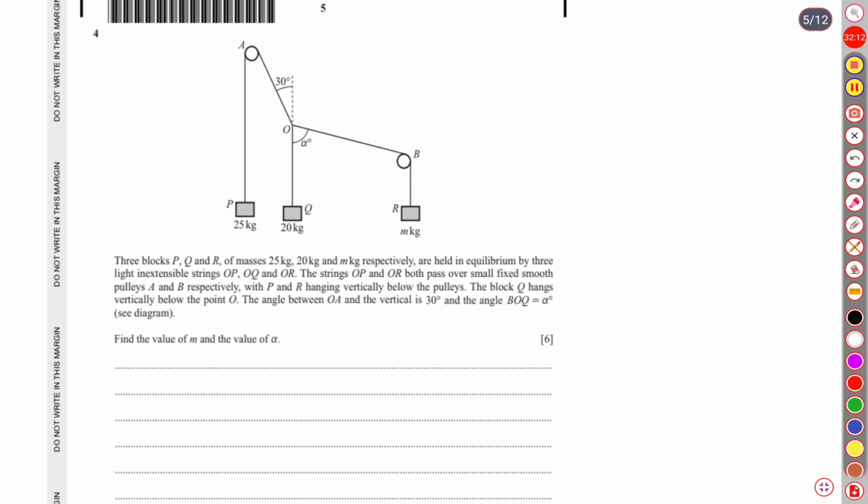The strings OP and OR both pass over small fixed smooth pulleys A and B respectively, with P and R hanging vertically below the pulleys. The block Q hangs vertically below the point O. The angle between OA and the vertical is 30 degrees, and the angle BOQ is equal to alpha degrees. Find the value of m and the value of alpha. So let's start solving this question.